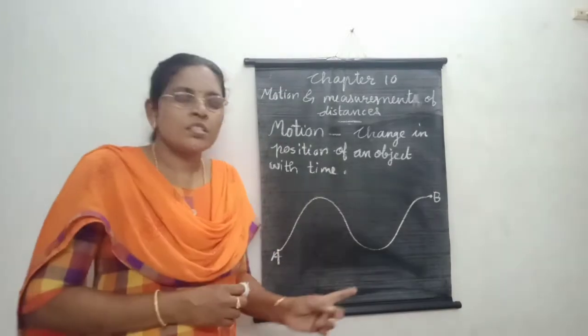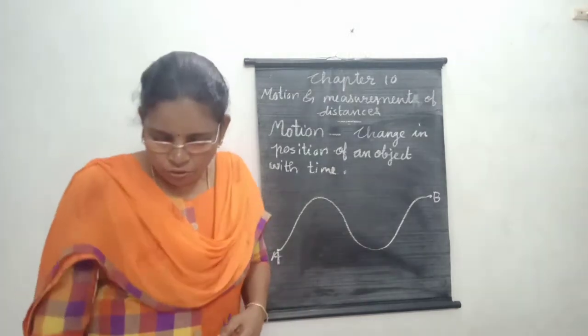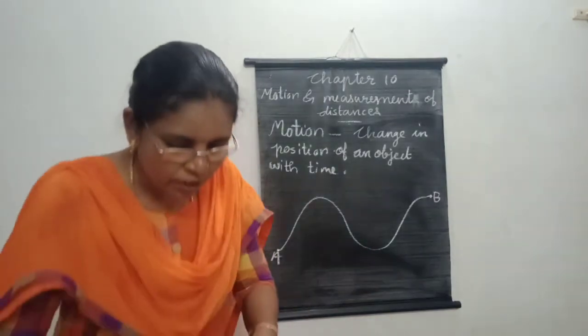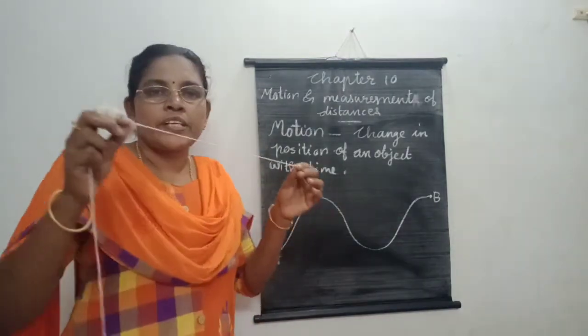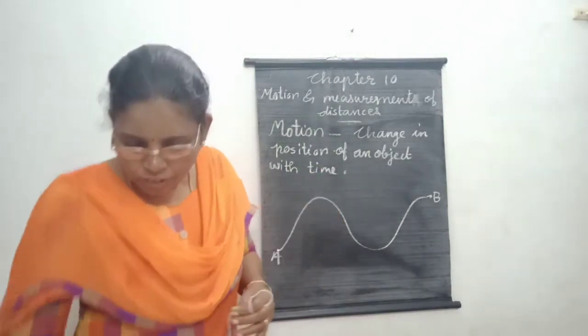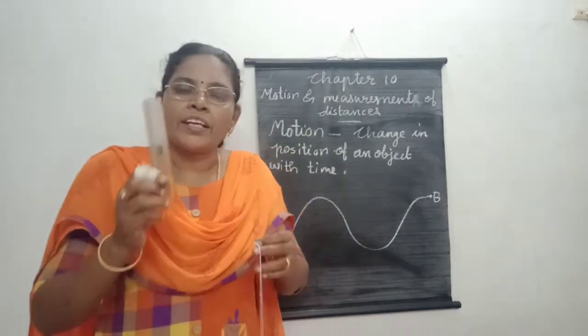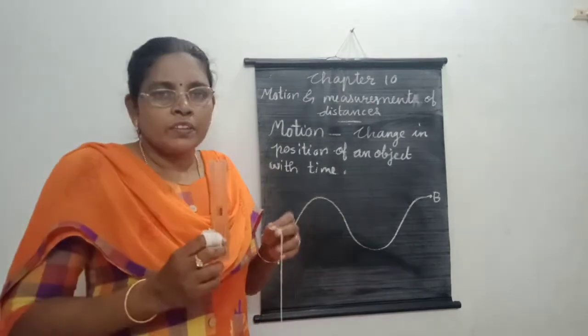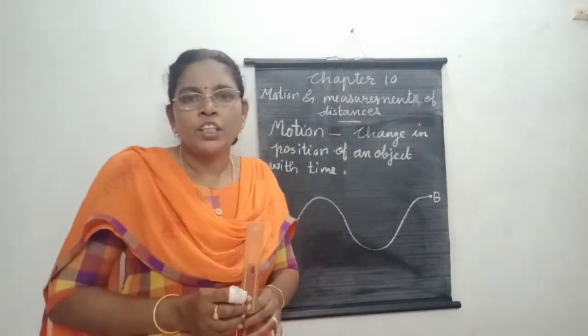How do we measure the length of this curved line? Look. To measure the length of a curved line, we use a string and a scale. Using a string and scale, we can measure the length of curved line AB.